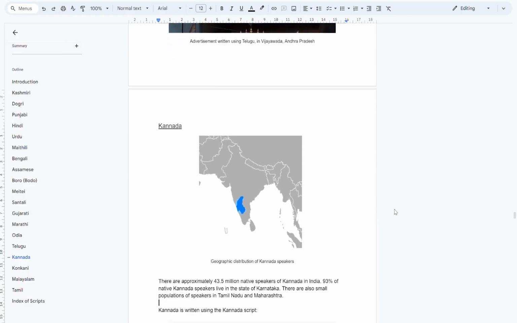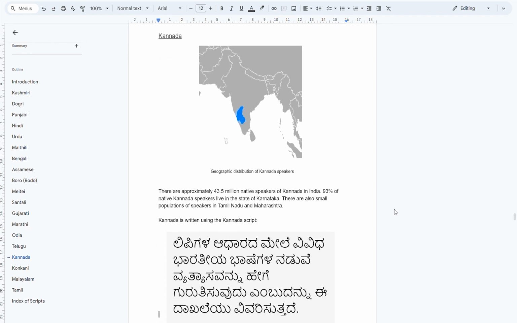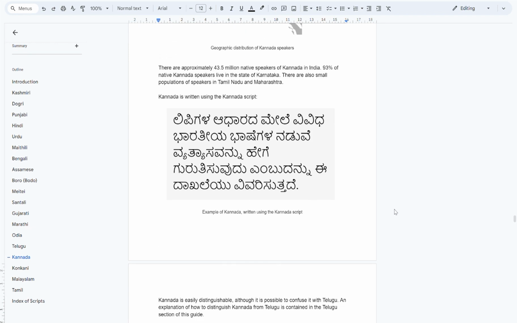Now moving on, I've mentioned this already, but Kannada, about 43 million speakers, and 93% of those live in Karnataka. So if you see Kannada, click Karnataka. Kannada is written using the Kannada script, as we've discussed.